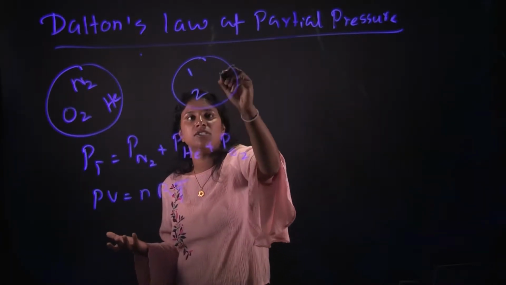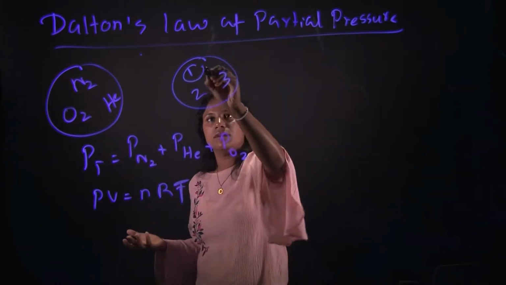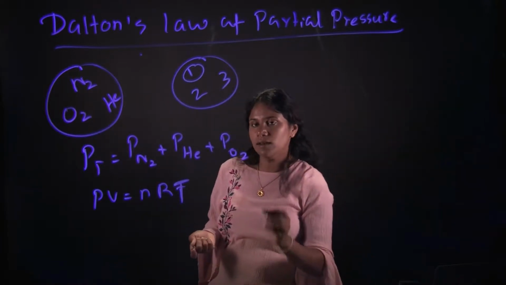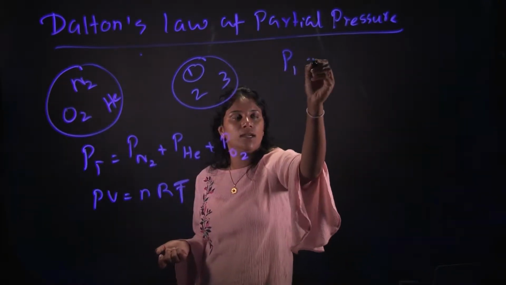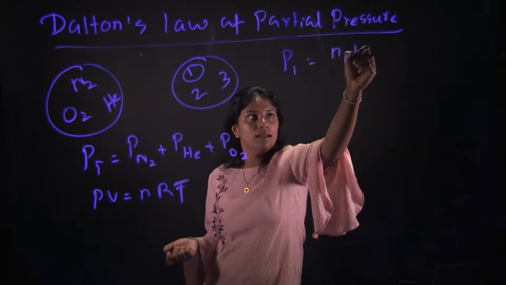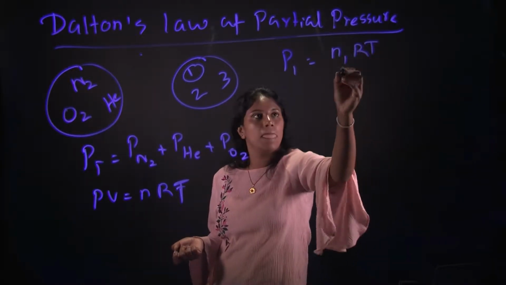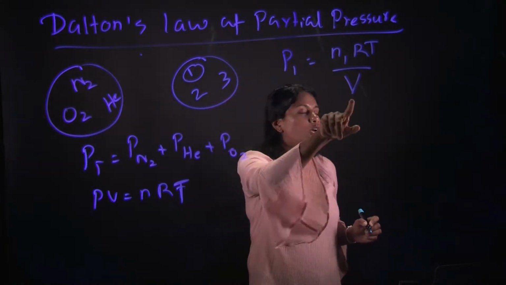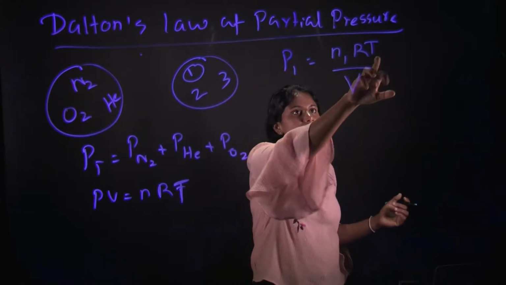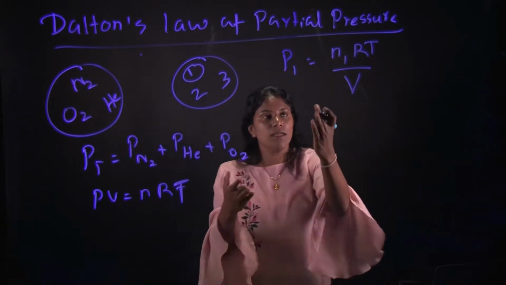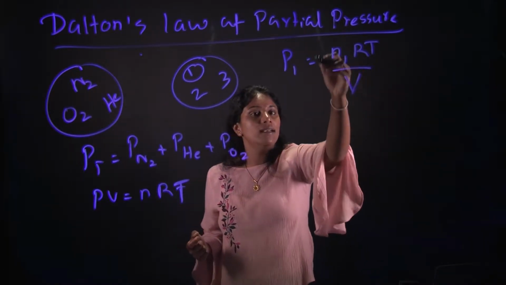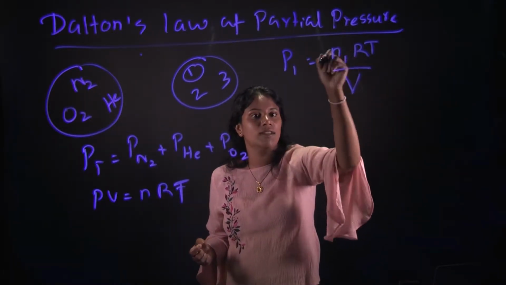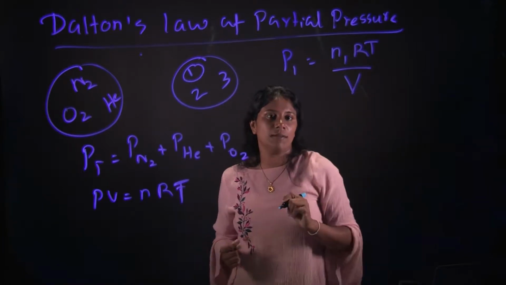You have gas 1, 2, 3. Think about the pressure of gas 1. So P1 equals N1 RT divided by V, right? Because it's in the same container, volume is the same, temperature is the same. So P1 equals N1, the number of moles of gas 1, RT divided by V.